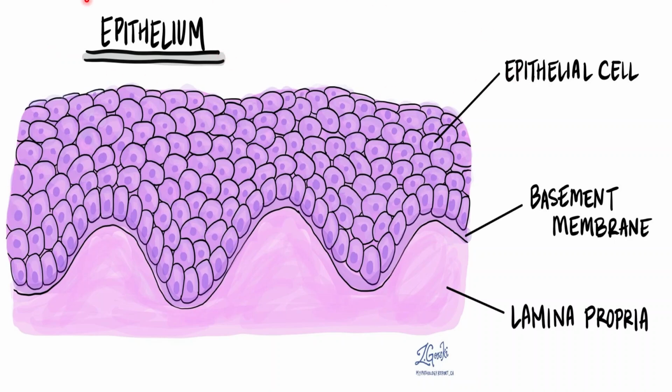Anything above the epithelial cell, where the space is, is known as the apical pole. Anything below the epithelial cells, usually facing the basement membrane and the lamina propria, is known as the basal pole. Just the two poles you need to know.